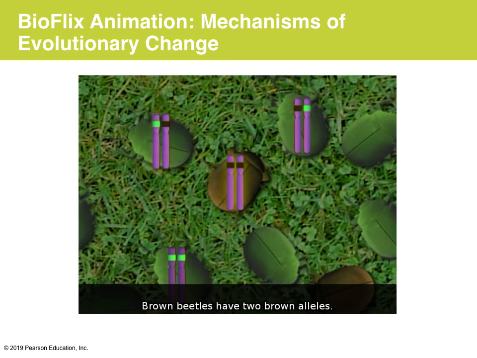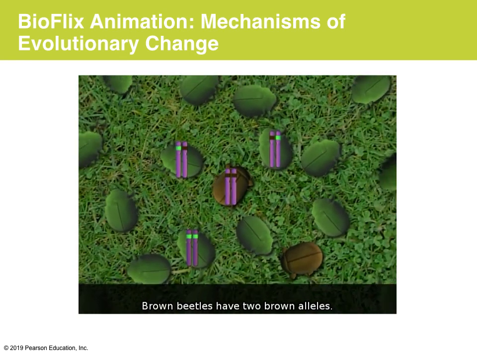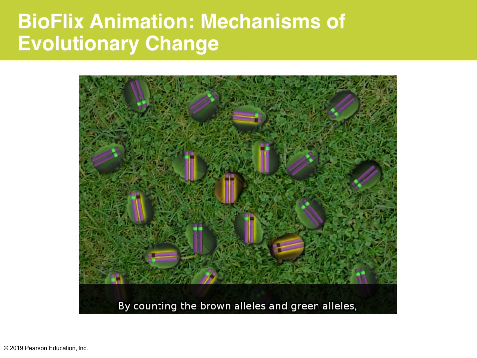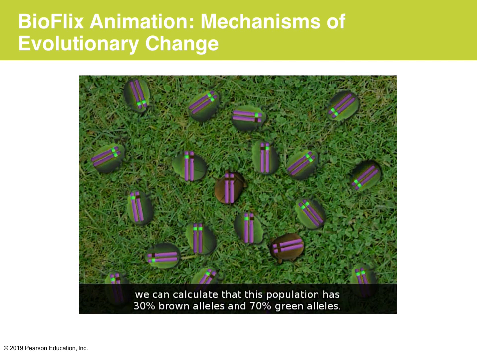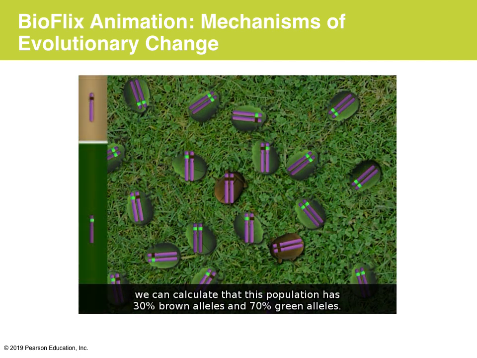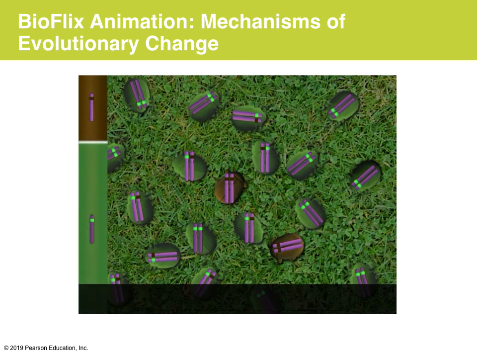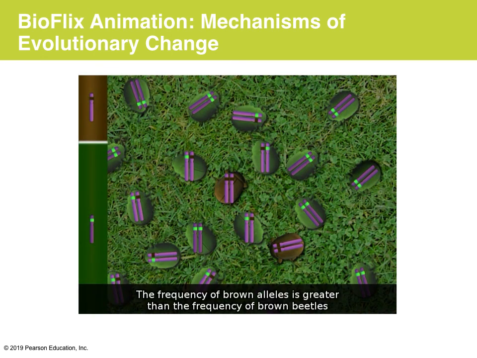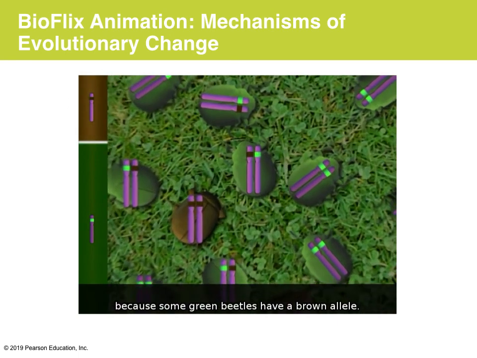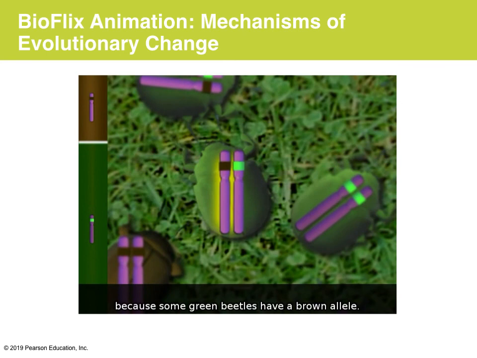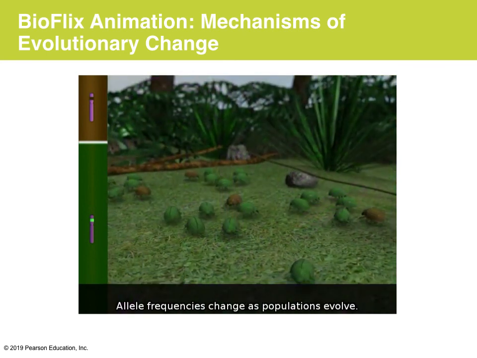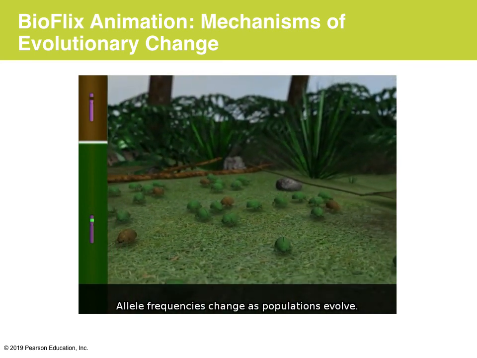Brown beetles have two brown alleles. By counting the brown alleles and green alleles, we can calculate that this population has 30% brown alleles and 70% green alleles. The frequency of brown alleles is greater than the frequency of brown beetles because some green beetles have a brown allele. Allele frequencies change as populations evolve.